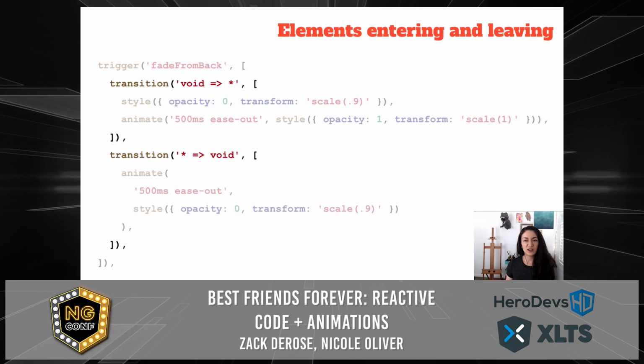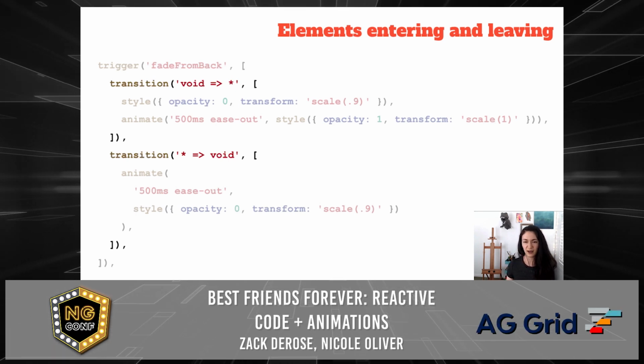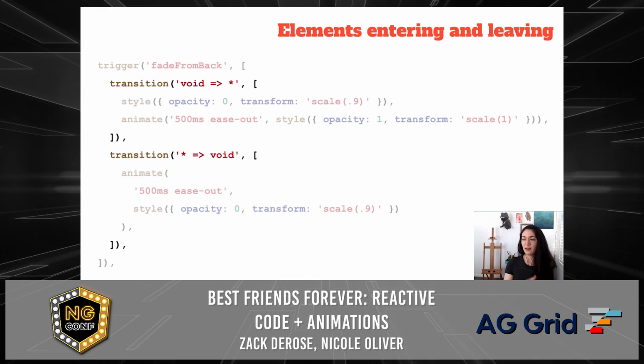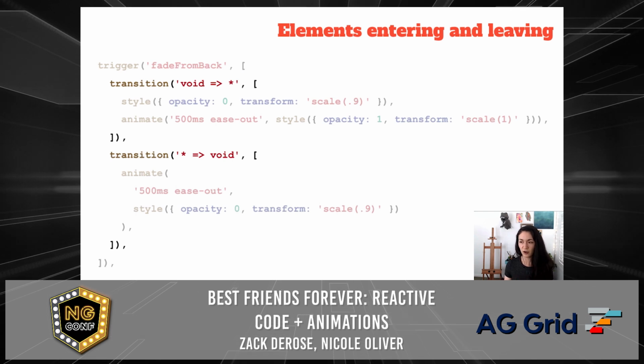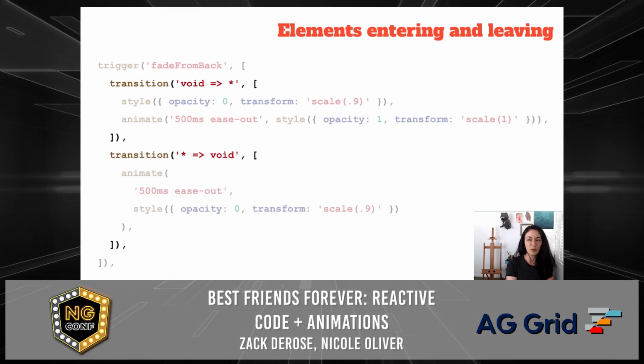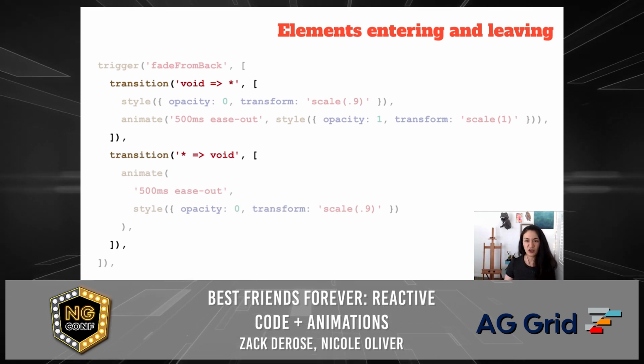A transition defines the changes that occur between one state and another over a period of time. And it takes an expression that you can see there, void, and then the arrow to a star. And that says that whenever you're going from nothing to any state, I want you to play this animation.